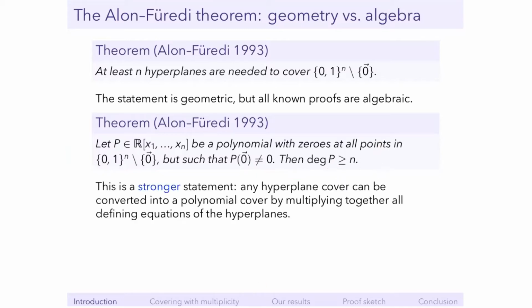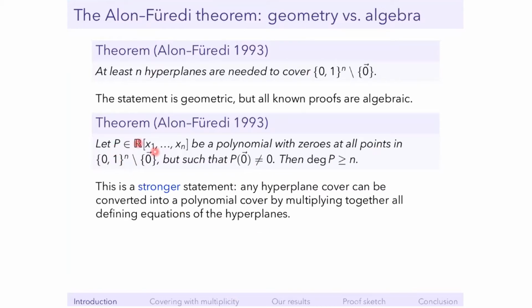As I said, this is a stronger statement, and the reason is that if I have any one of these hyperplane covers, I can multiply together all the defining equations of the hyperplanes. This will give me a polynomial whose degree will be equal to the number of hyperplanes that I used. And it will vanish at every point except for the origin while not vanishing at the origin.